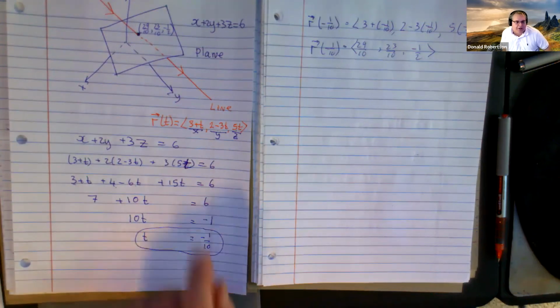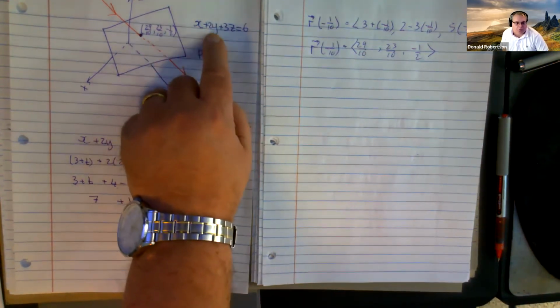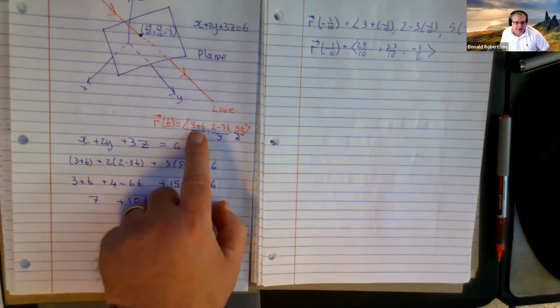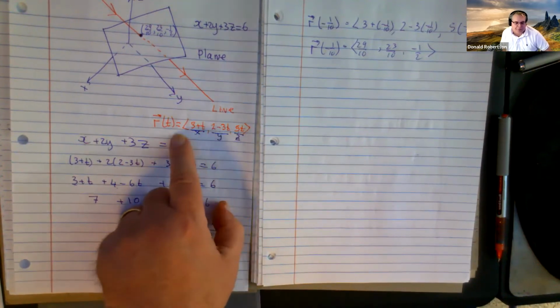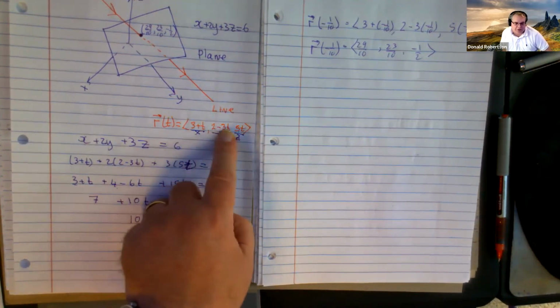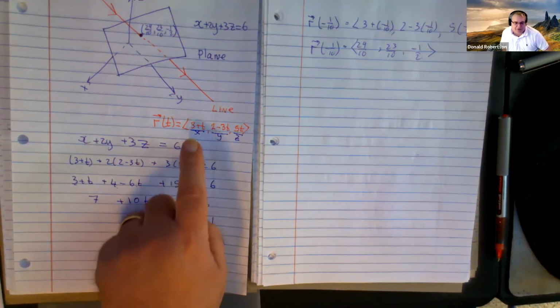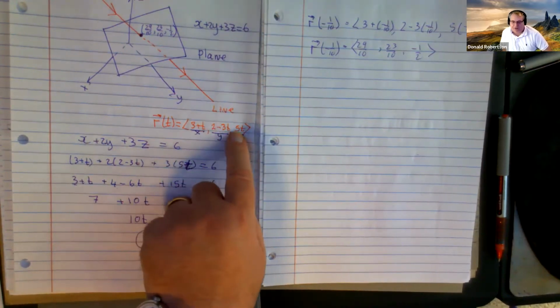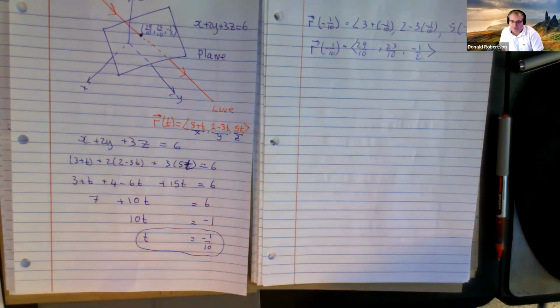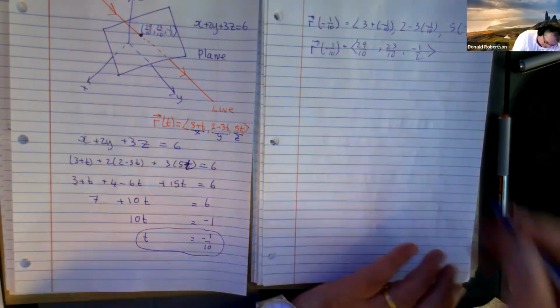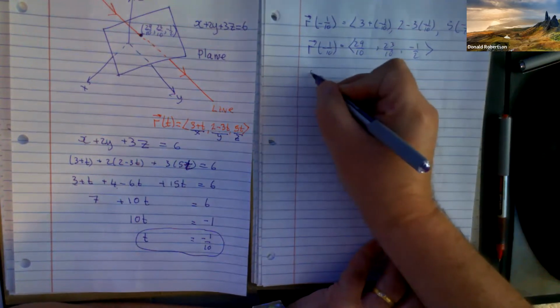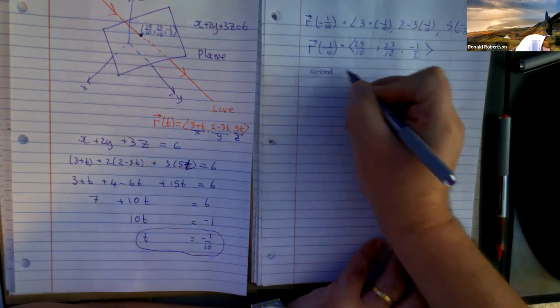And I do that by replacing the x, y, and z by the x, y, and z components of the position vector, this guy. Solve for t. Once I know what t is, substitute it in here to get the position vector, which in turn tells me the coordinates. Because position vectors are really just a way of telling you the coordinate of a point.